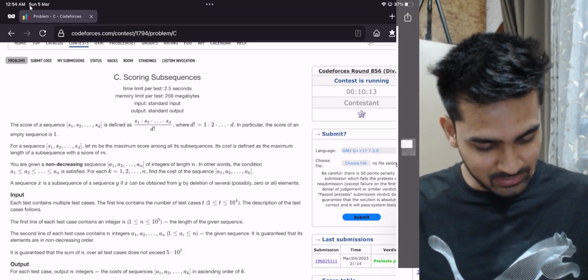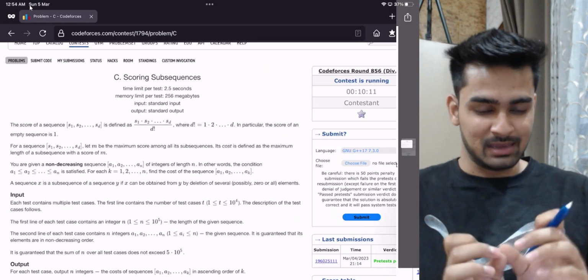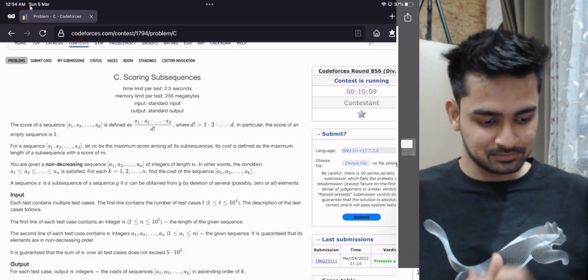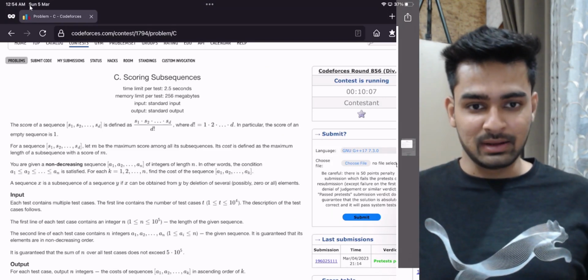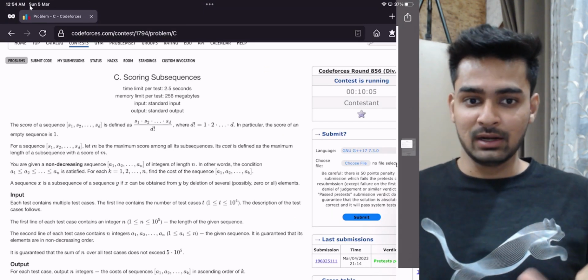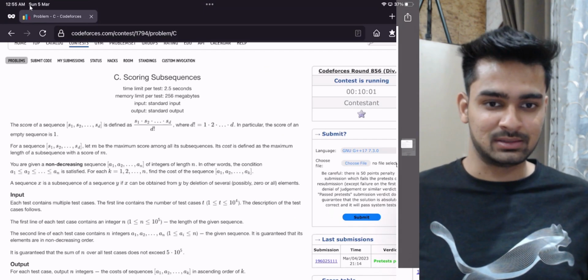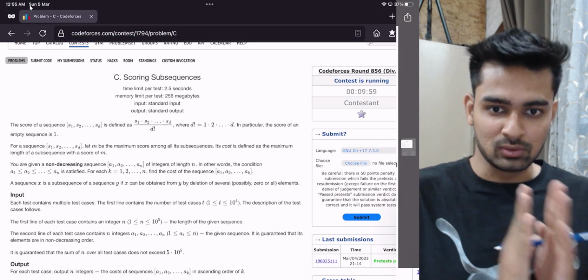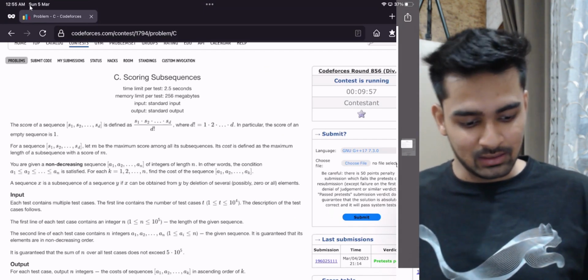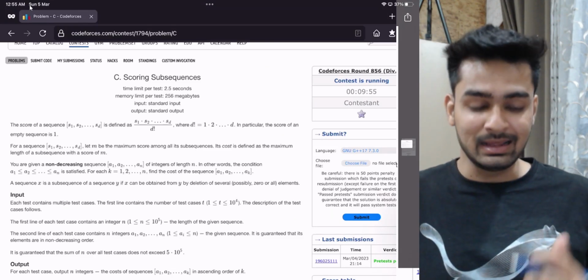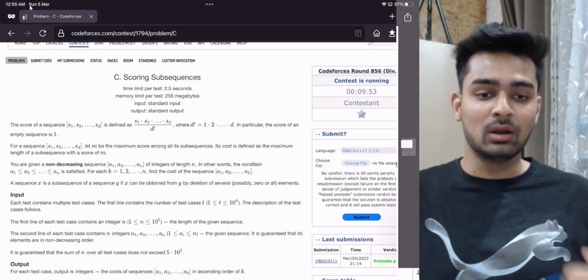Basically, if we have a sequence, let's say ABC, its score will be given as A into B into C divided by 3 factorial, which is 6, so ABC by 6. That is the score. Now they're saying, for a sequence, let M be the maximum score among all its subsequences.